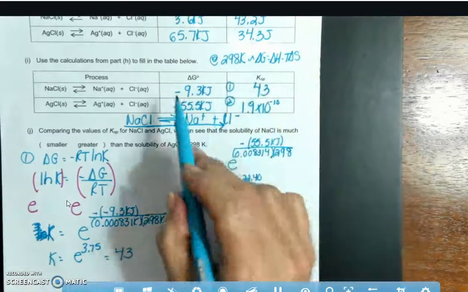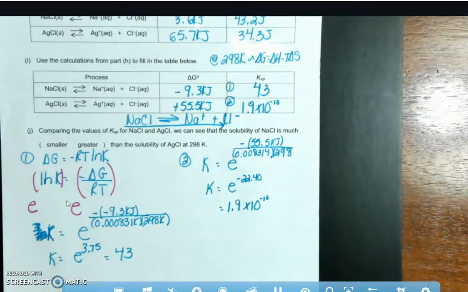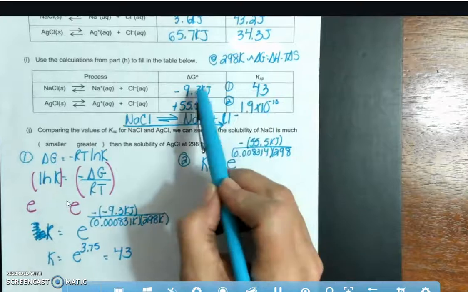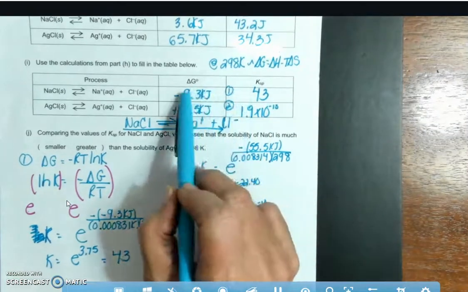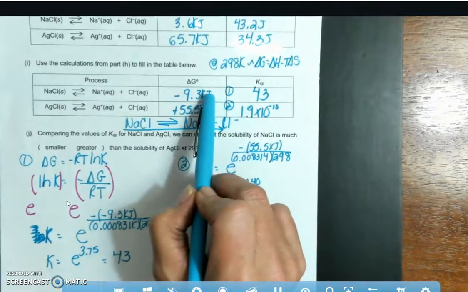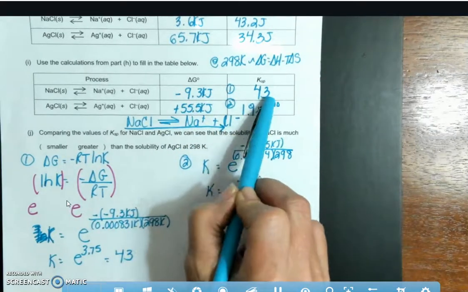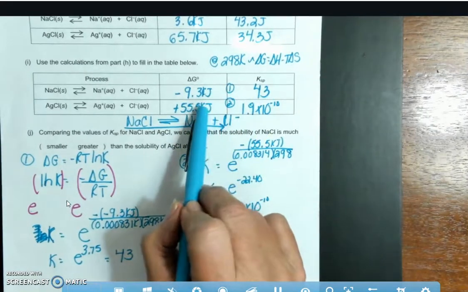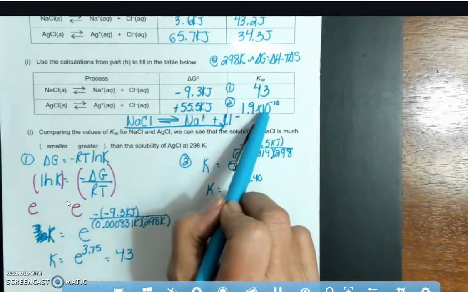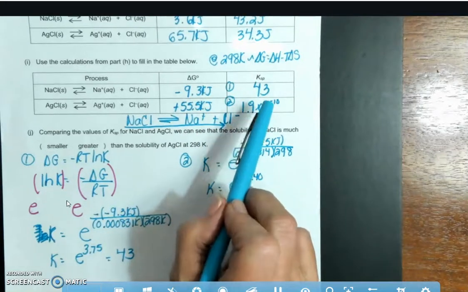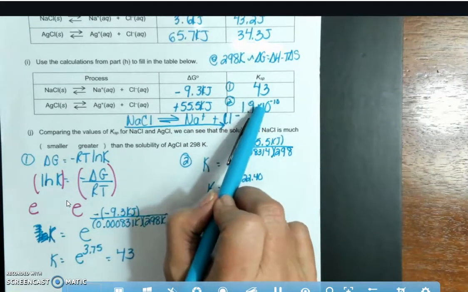So if you notice, each follows the other, doesn't it? My K value is significantly higher than this K value, which makes sense because this is a thermodynamically favorable reaction. Therefore, I should be product favored. This is a thermodynamically unfavorable reaction. Therefore, I am extremely reactant favored.